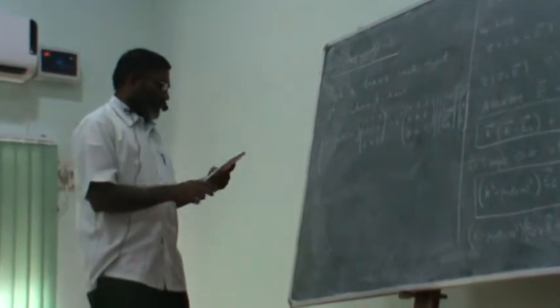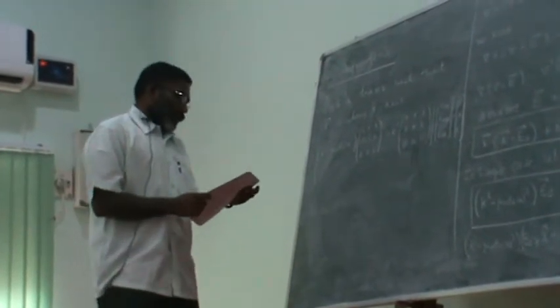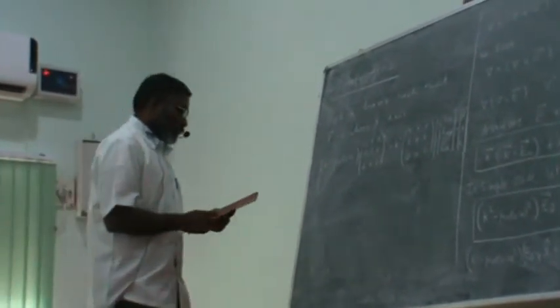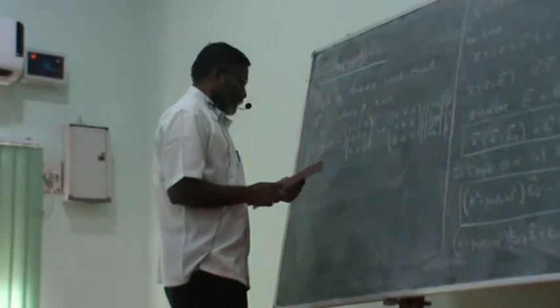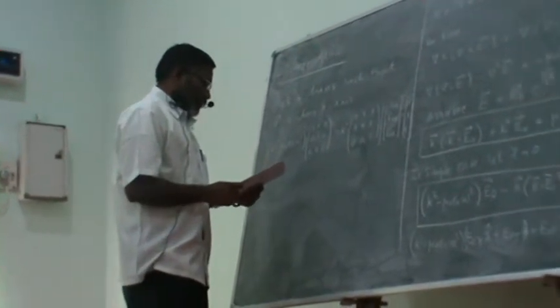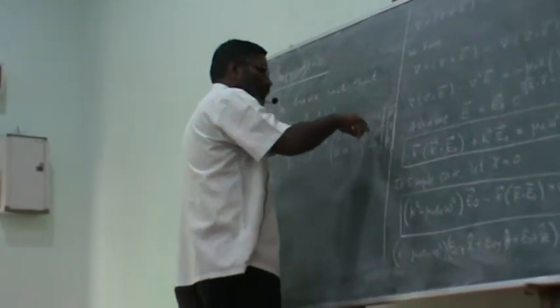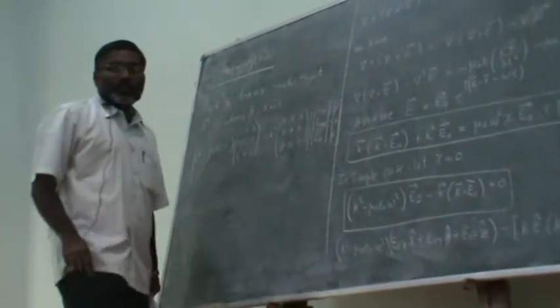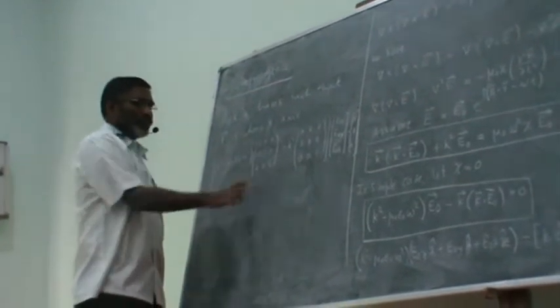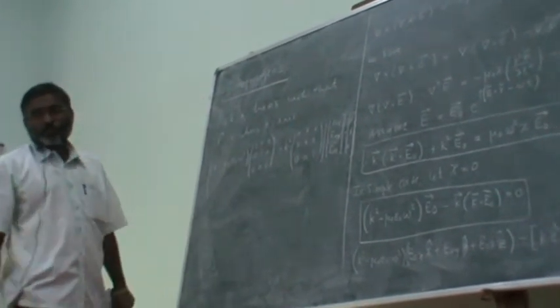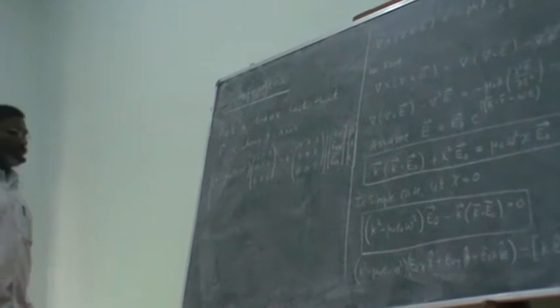Once we write this, we can say this is a set of linear homogeneous equations in the components of the electric field, and one solution of E is identically 0. If you want a non-zero solution, then the determinant of this matrix should be equal to 0. So what's the determinant?